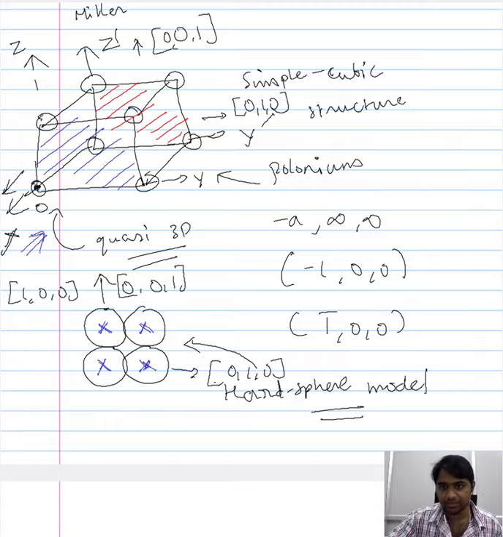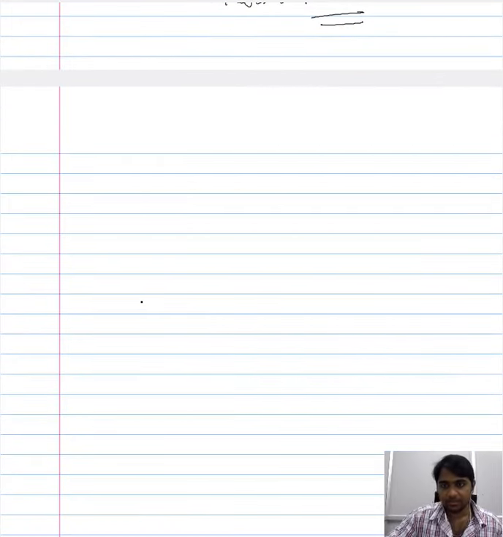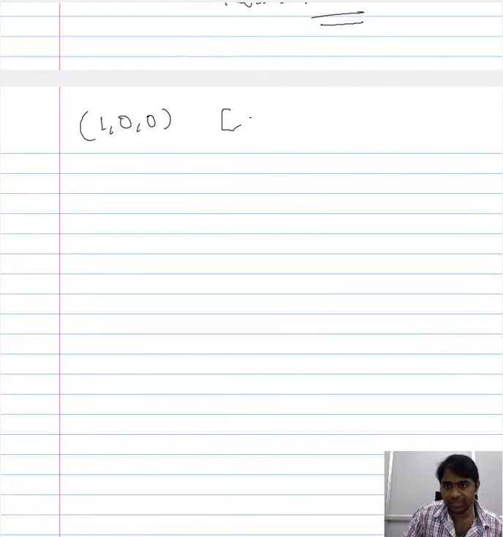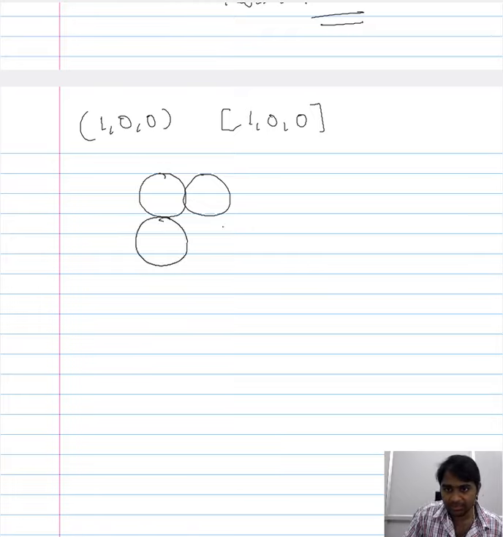So ultimately, when we are focusing on the (100) plane and along the [100] direction, first you will have the arrangement of the atoms along the red plane that looks something like this. The atoms are touching each other. Now we have the atoms along the blue plane that look something like this.